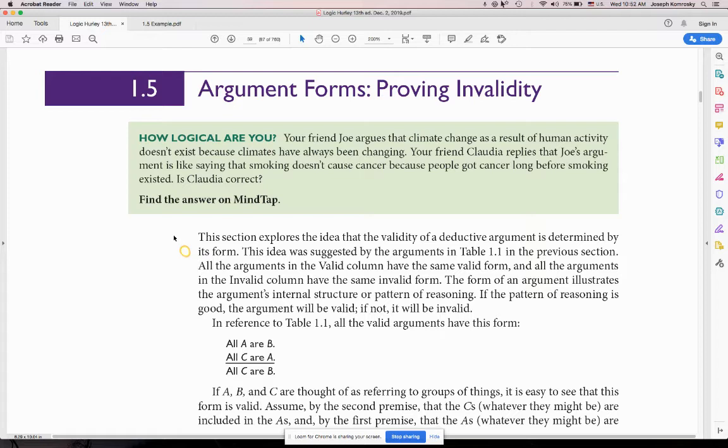So just as a quick review, remember proving validity in section 1.4, part A, because I broke that section up into two parts, is basically you accept the premise as true, or premises, if there's more than one, you accept them as true, and then you say, if they were true, would the conclusion follow?